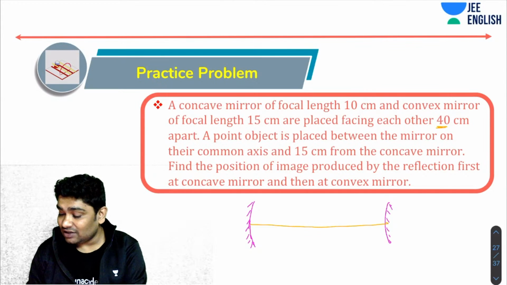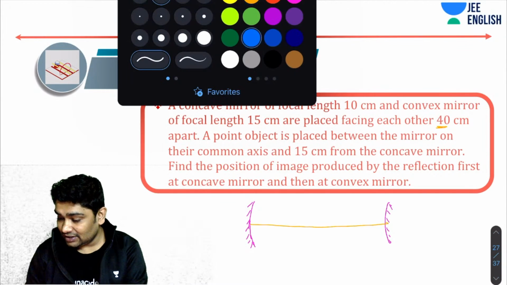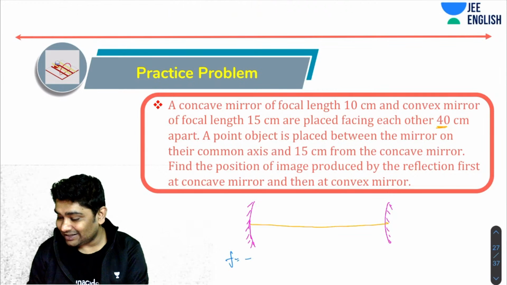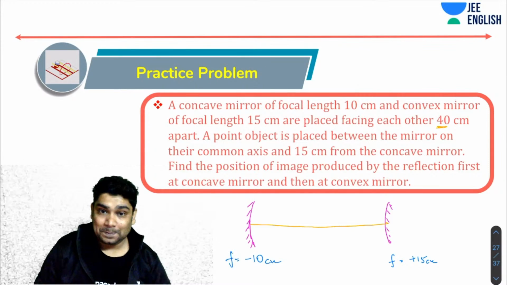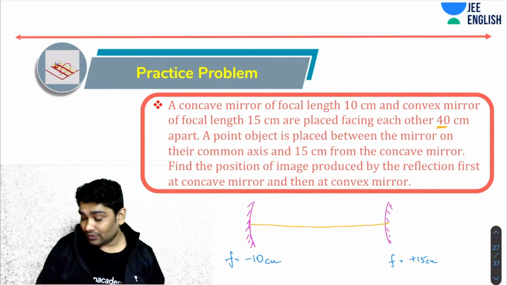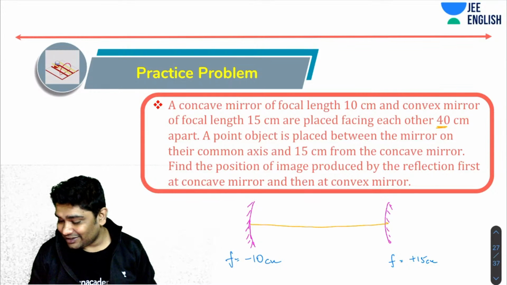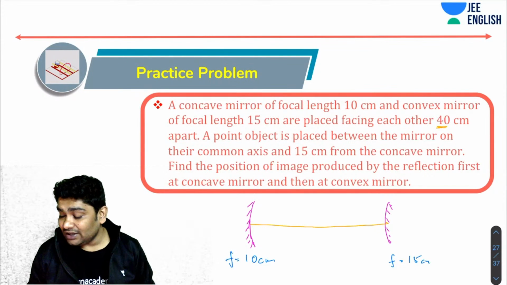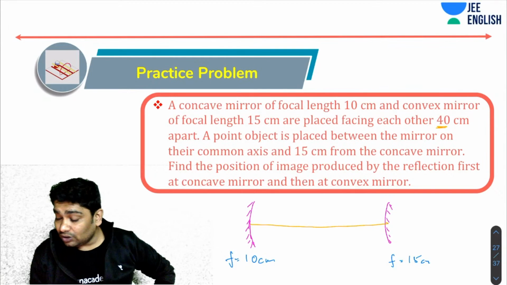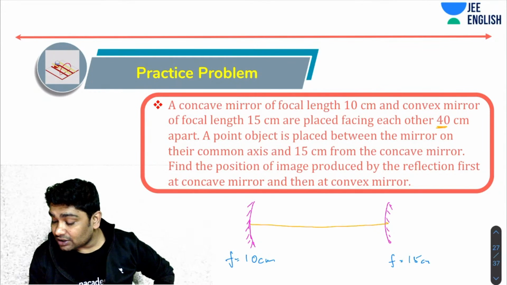So this has a focal length of minus 10 centimeters, and this has a focal length of plus 15 centimeters. Or let's just not write the plus minus right now. These are the focal lengths of the two mirrors. Now you've been told that the distance between these two is 40 centimeters.